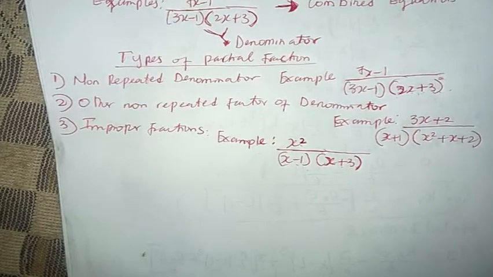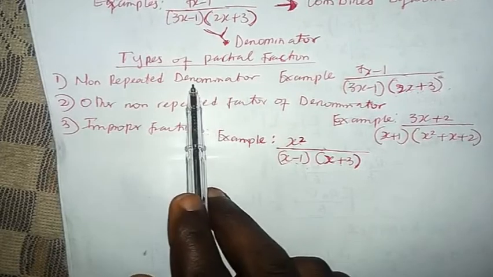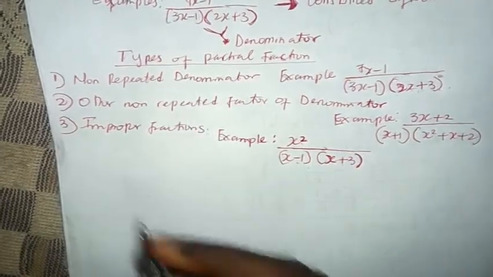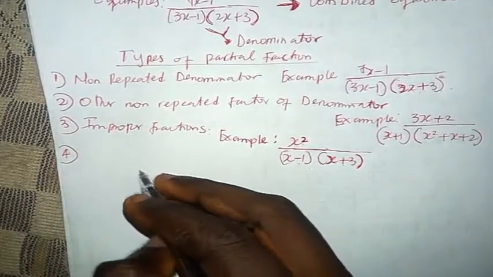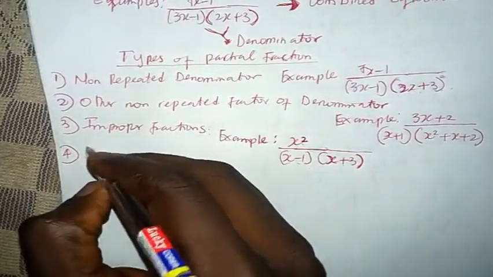And the last one is the opposite of this one. The last one is the repeated denominator, where the denominator will be repeated.